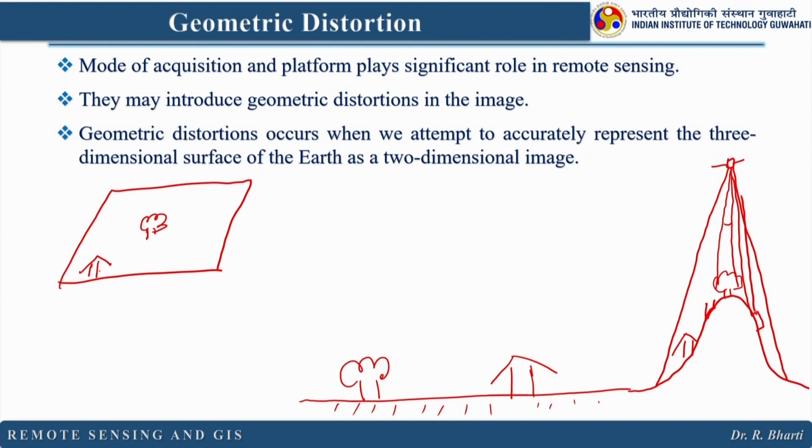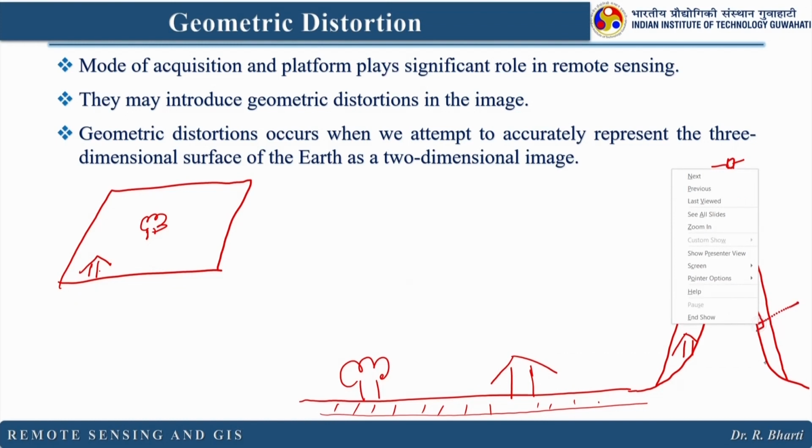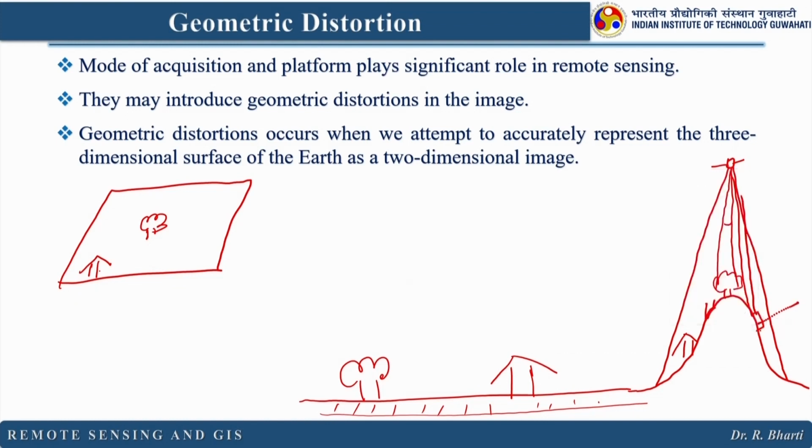So what I mean to say here, if this is a flat land, then it is very good, but how do you remove the error? One thing we have seen is that you can remove the effect of slope, but what happens when this particular tree is supposed to be here, but it has been recorded here, right? Why? Because of the topography or change in the plan form, right.